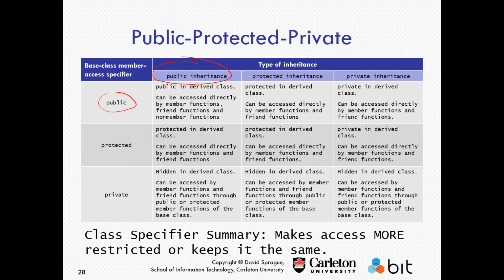I want you to know that you can make a private class and everything inside it is private. You can make a protected class so that only child classes can see stuff in it. And if I have a protected class, a child class will automatically be protected or private. It'll be more restricted or an equal level of restriction.